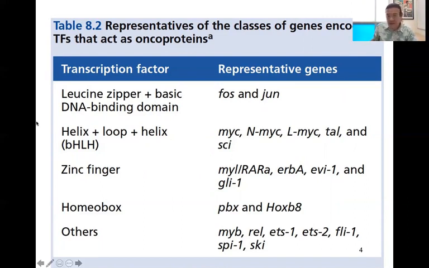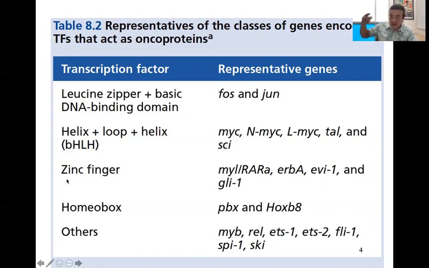So certain transcription factors we can appreciate as being proto-oncogenic. These are different classes of genes that make these types of proto-oncoproteins, and they fall into different classes based upon their structure, in other words, what it is in the structure of the protein that enables them to bind to DNA. Some of them have structures that we call leucine zippers with basic DNA binding domains.